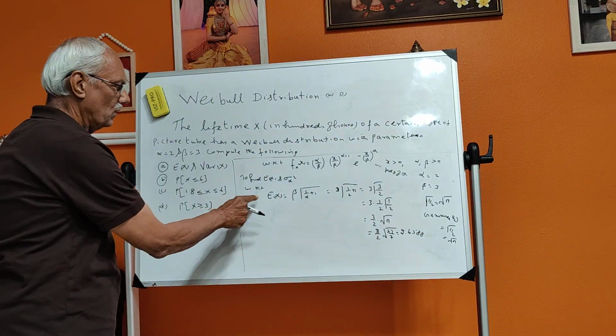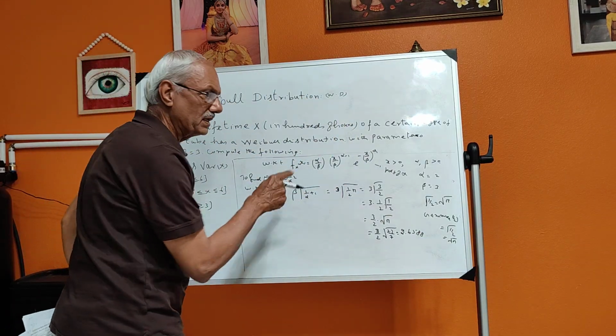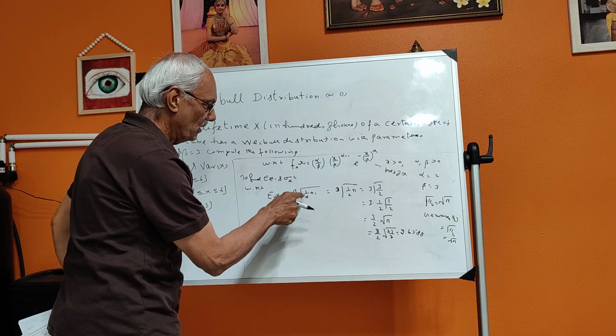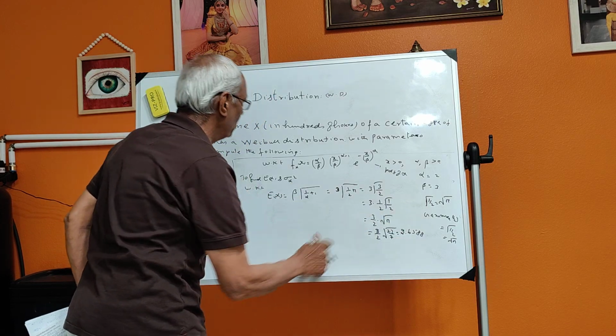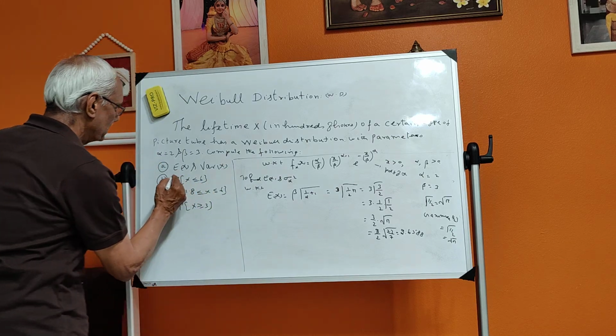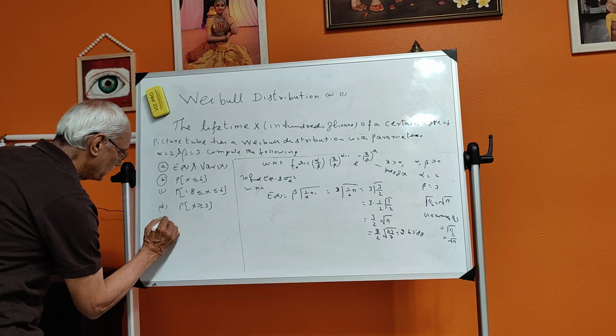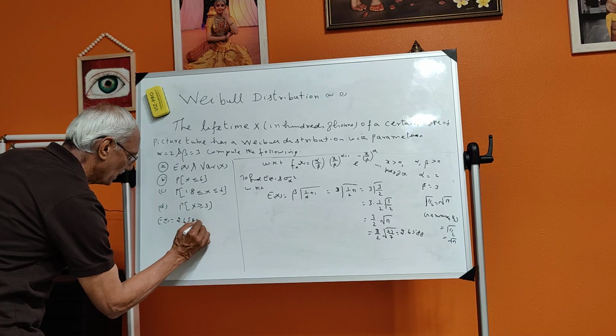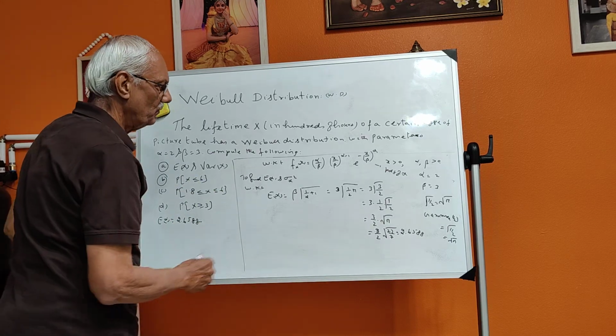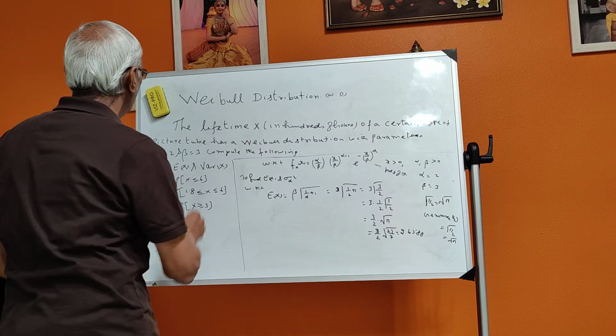So E of x, I have derived the formula for E of x; you substitute the values and you will get 2.6588. So this is our first problem.